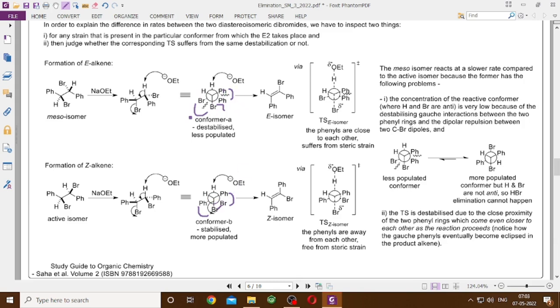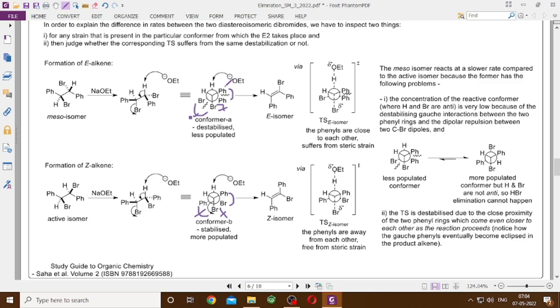And you have a bromine-bromine gauche interaction here, but the phenyl-bromine gauche interaction is being cancelled out. So the bromine-bromine and phenyl-bromine gauche interactions are less than the phenyl-phenyl and phenyl-bromine gauche interactions. You have this one phenyl-bromine gauche interaction common, and this bromine-bromine gauche interaction is also common here.